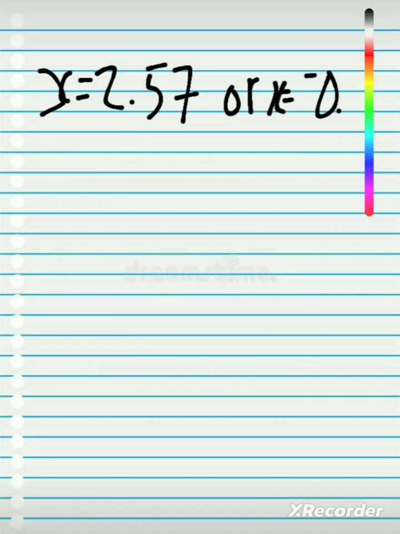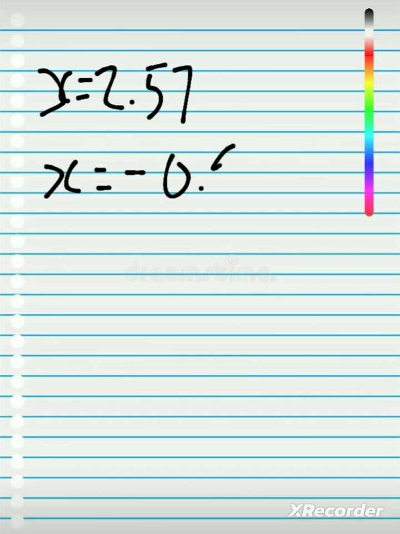Let me just write it on the bottom. So it's x equals 2.57 or x equals negative 0.91.